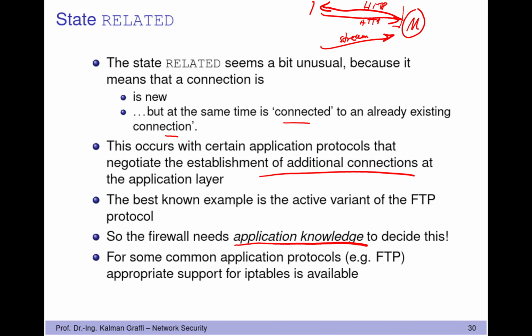Some old protocols made that distinction. So, for example, you have one data stream for commands and one data stream for the data, and these are two data streams in total, and it might be that it's originated by the external party, and here we can say this is related because it's associated to it.